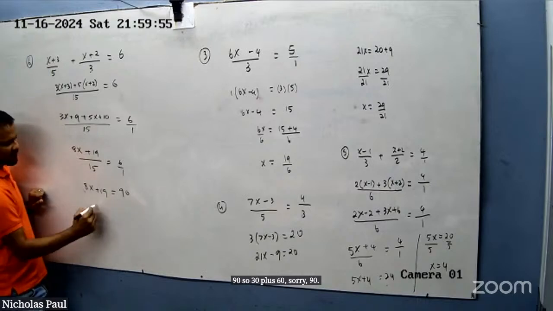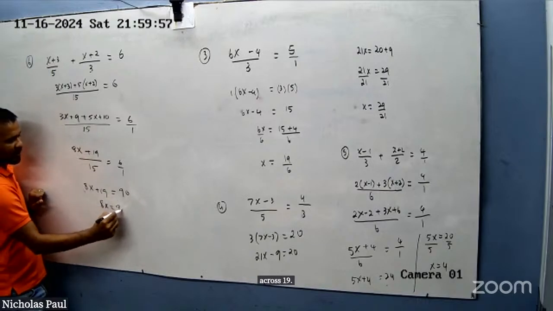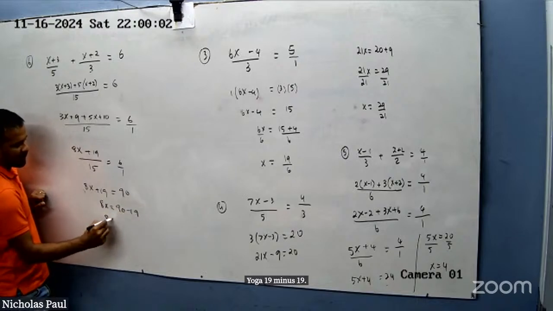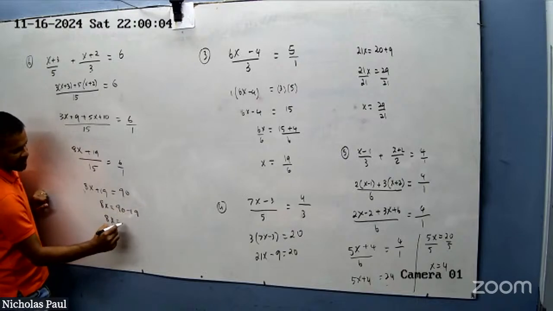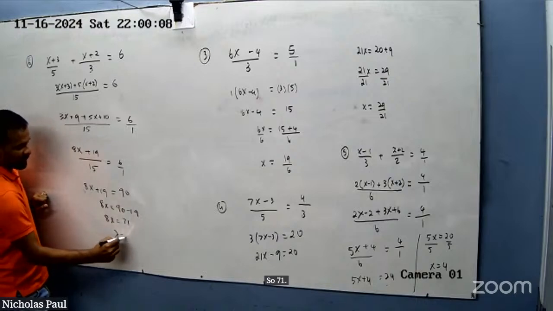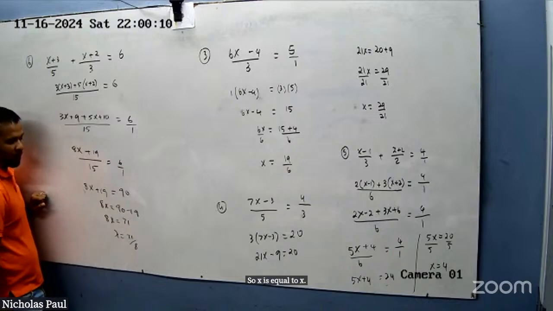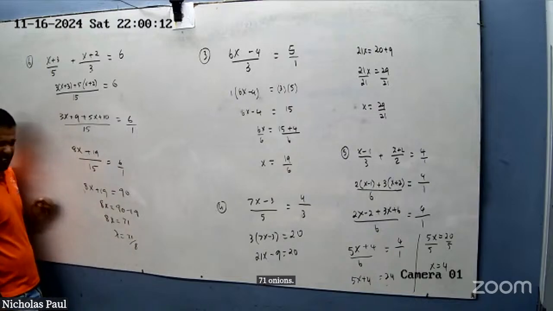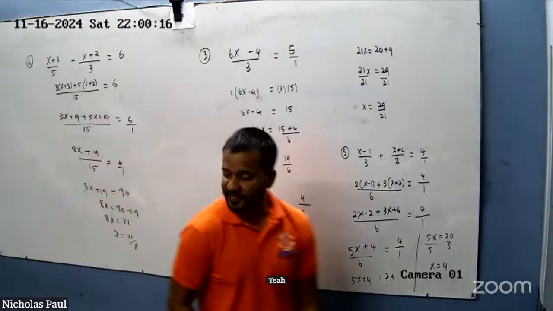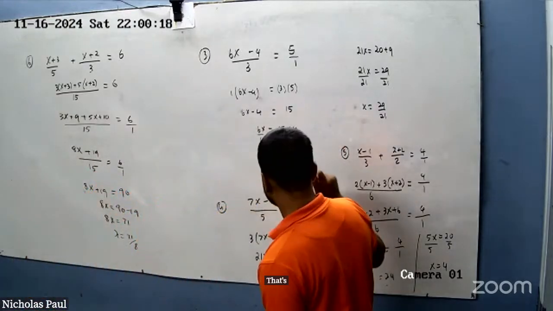Carry across 19, and you'll get 90 minus 19. 8x is 71. So x is equal to 71 on 8. You can leave it like that if you want. Nice. That's type 1, type 2. Next type.